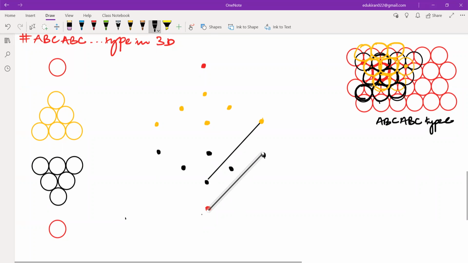You may be wondering what type of shape we will be getting, but please have some patience. We will be getting a good arrangement only. A shape that you have seen many times.